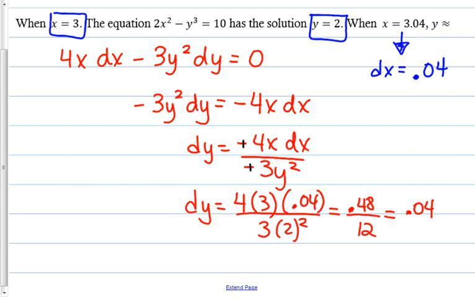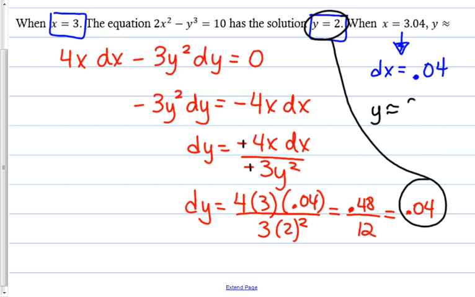When x equals 3.04, y is approximately 2 plus 0.04. So y is approximately 2.04. And that would complete the sentence, I guess.